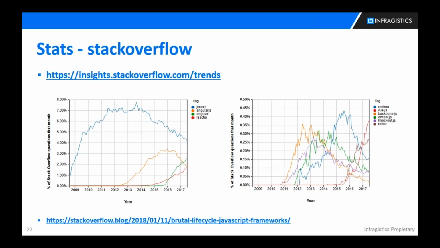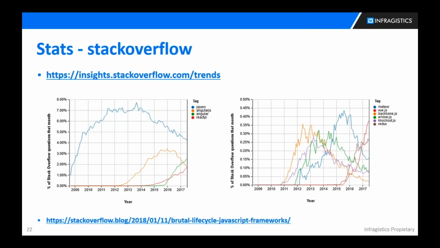Over the last 8 years, jQuery went popular, then fell down. AngularJS went up in popularity in 2016 and is now falling down. Angular and React.js are also getting popular. So it's the same thing as Google Trends.